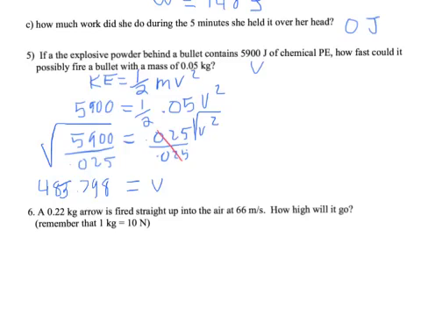Well, in this case, what I've got is simply one significant figure. So I'm just going to go ahead and round this. I'm simply going to say it's about 500 meters per second equals the velocity.